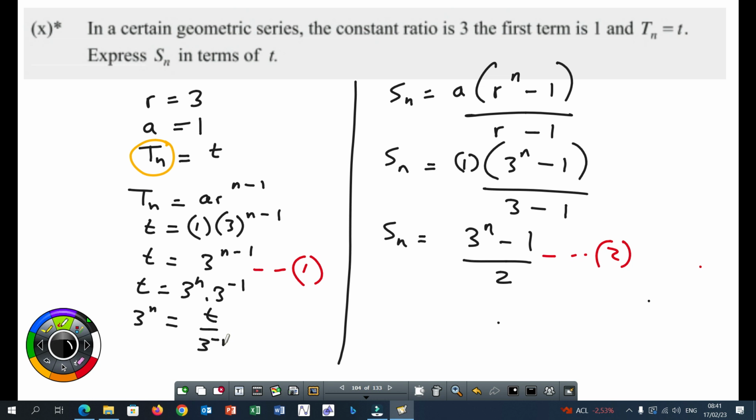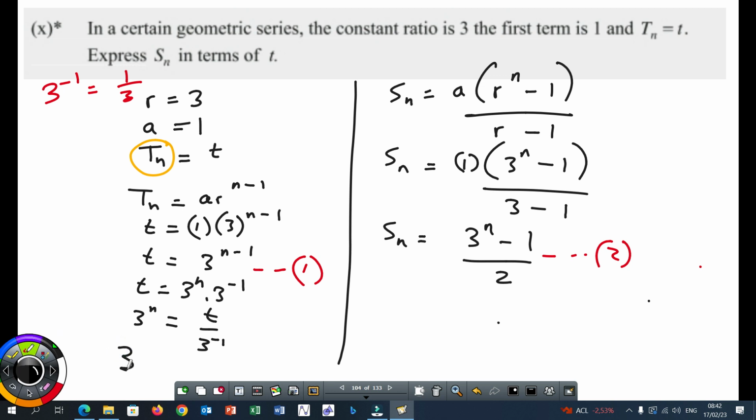Okay? Then from here, obviously, 3 to the power of minus 1, if it's in the denominator like this, is the same as 1 over 3. So it's more like we are dividing t by a third. So the answer, sorry, you two, can you pay attention, please?